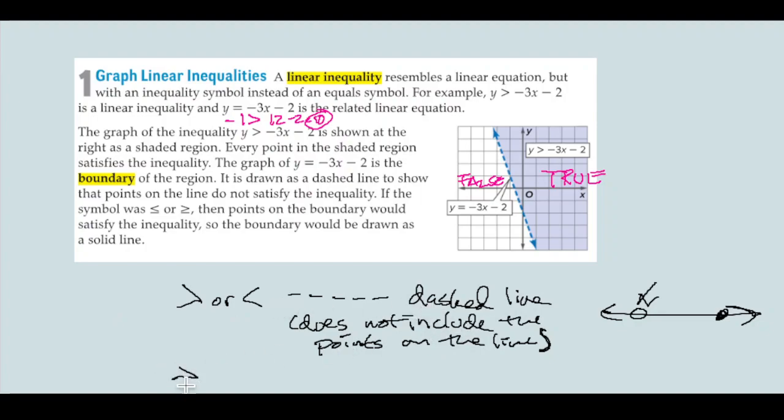Now if we have greater than or equal to, or less than or equal to, you're going to have a solid line, and that means it includes the points on the line. That's the general idea, and then I will show you how to figure out how to shade this. So let's do an example.